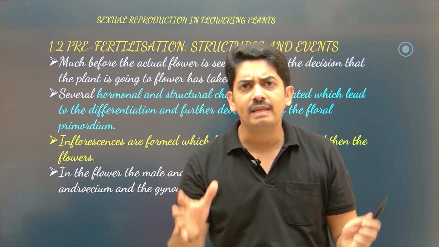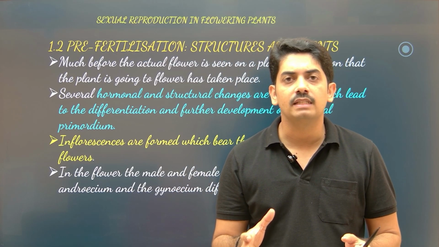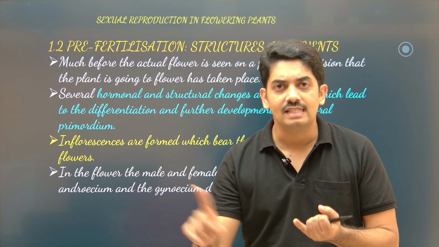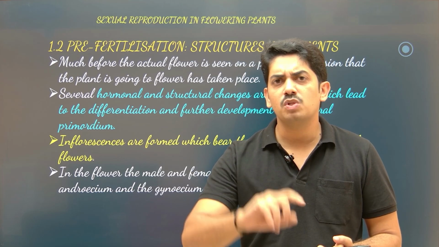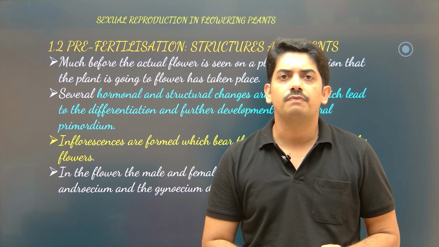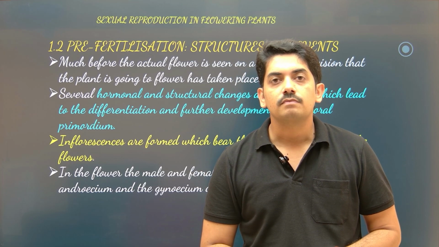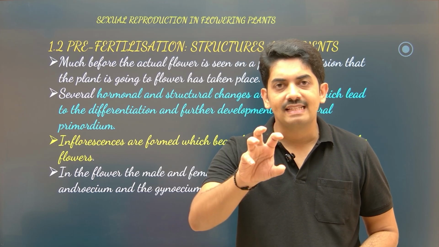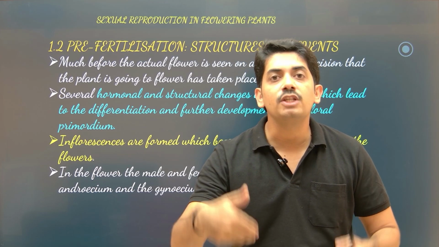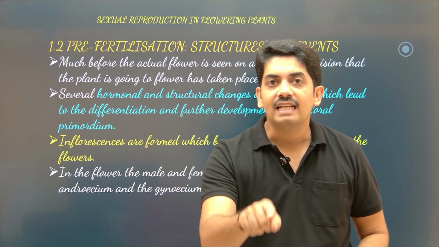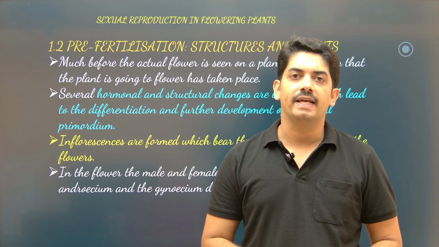So many hormonal changes take place in the plant body, like auxins are produced, cytokinins are produced, then some hormones specifically for flower production are produced. These hormones make certain changes in the plant, and a part of the plant is destined to become a flower, and that part we call the floral primordium.